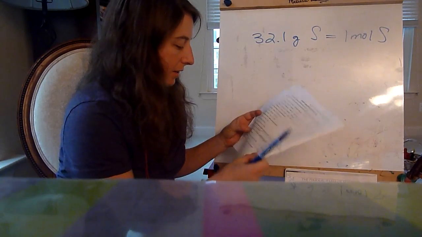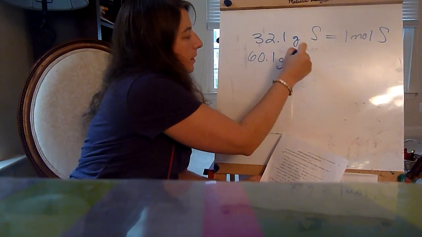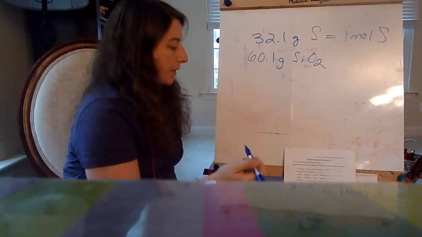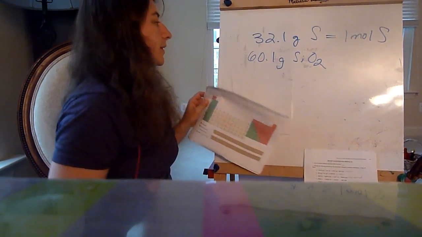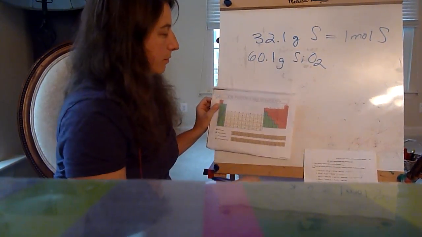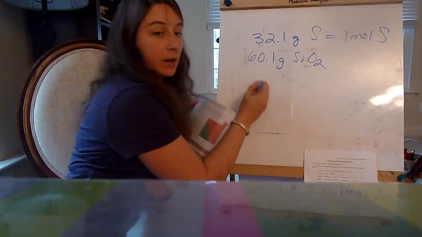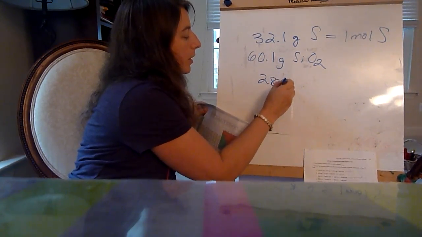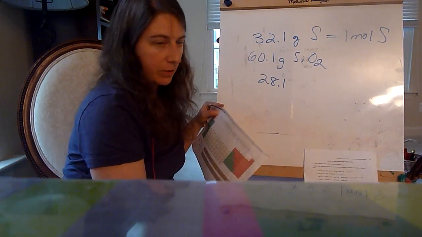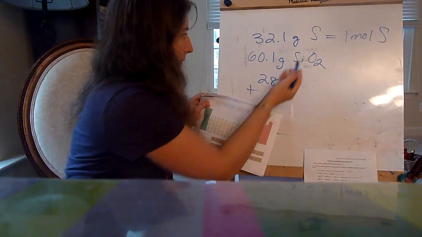Then I look at silicon dioxide. So it says 60.1 grams of silicon dioxide. Well, is that also a mole? Let's find out. So the way you find out about this is to calculate the molar mass for this molecule. So we'll take silicon, which is on the periodic table, 28.1 AMU for 1 atom and grams for 1 mole. And then we'll add 2 oxygens.